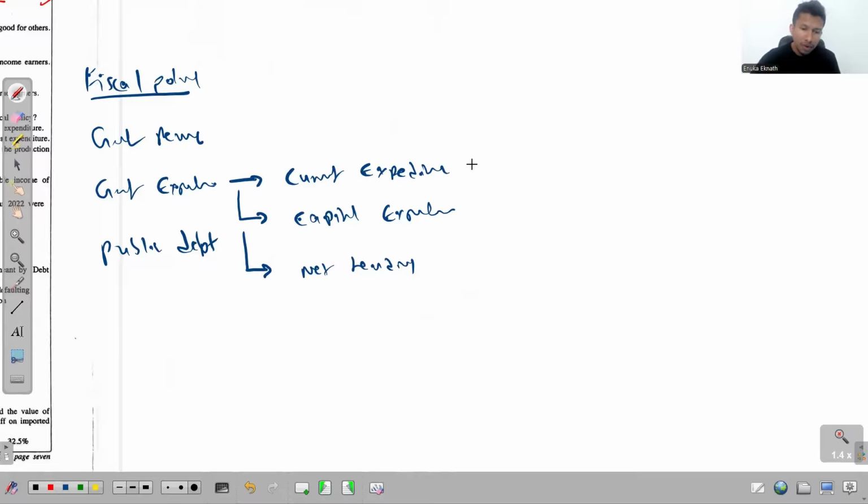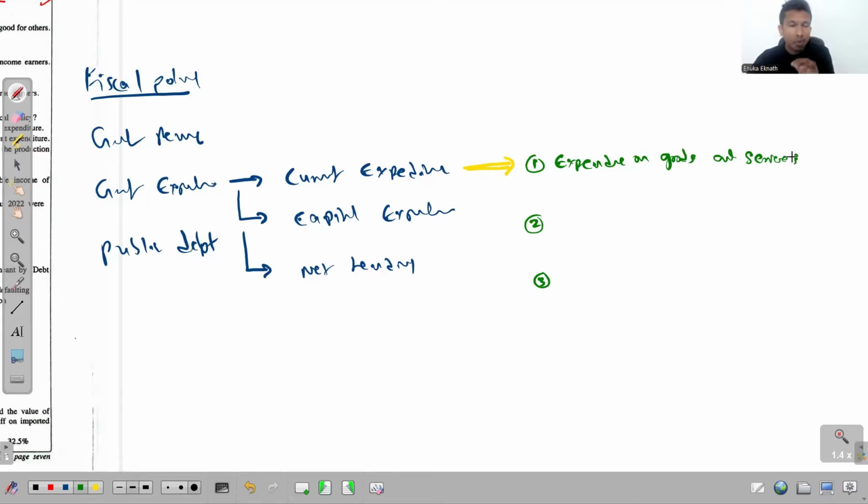And again, if you zoom in on current expenditure, inside current expenditure you will again find three components. The first one is expenditure on goods and services.